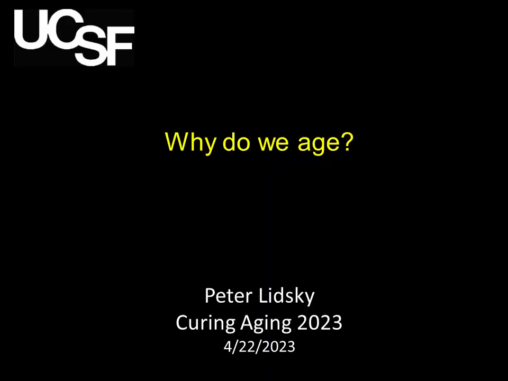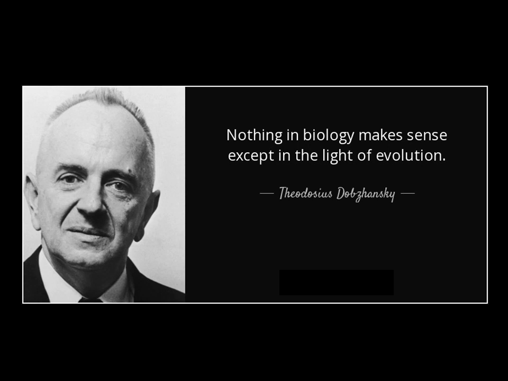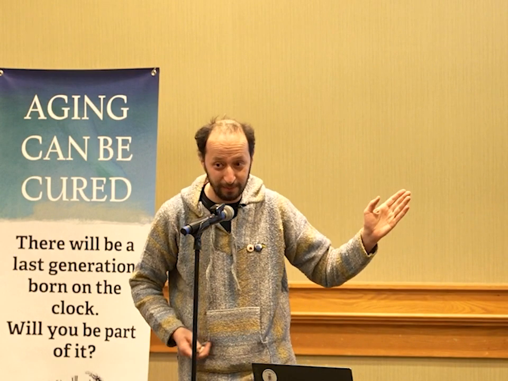And as an opener, I want to start with a big question. So why do we age? As you probably all realized, we all do. Nobody understands what for. Nothing makes sense other than in the light of evolution. In the light of evolution, aging, this is not a sentimental statement.